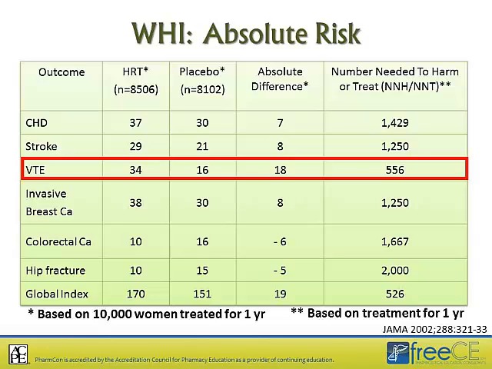Now, if we look at the number needed to harm, or treat in some cases, in this case it's harm, based on treatment for 1 year, if we treated 556 women, one of them would likely have a VTE. And so we're really looking at potentially harming someone with a VTE before we prevent anything that might be good, like a hip fracture, for example.